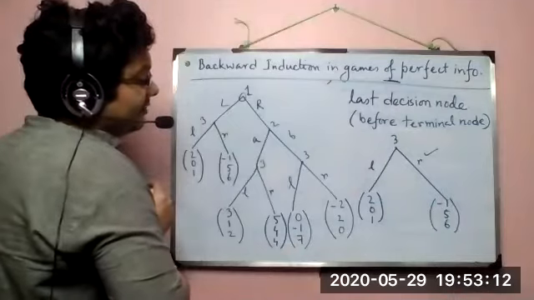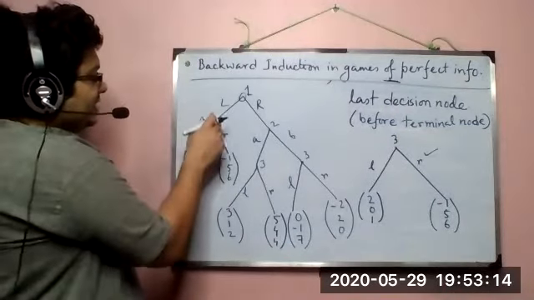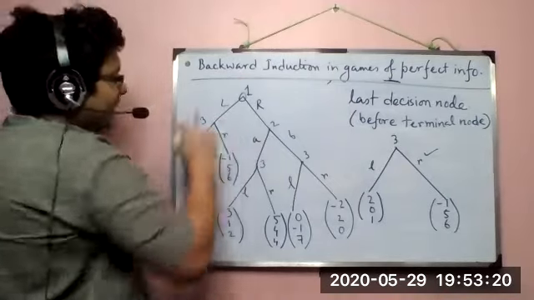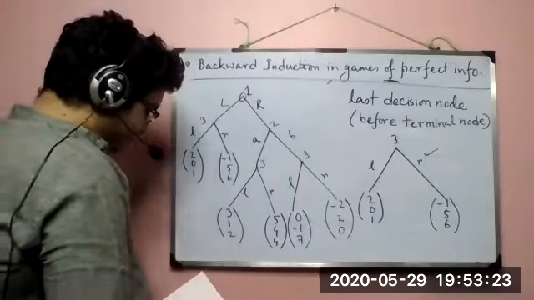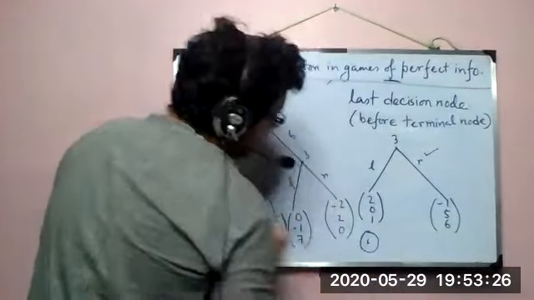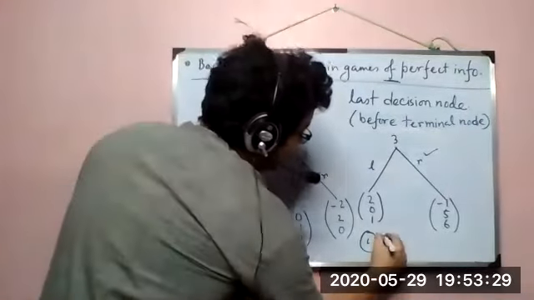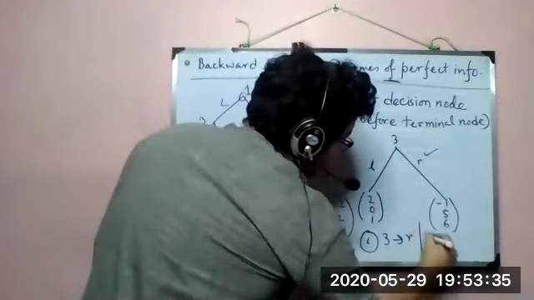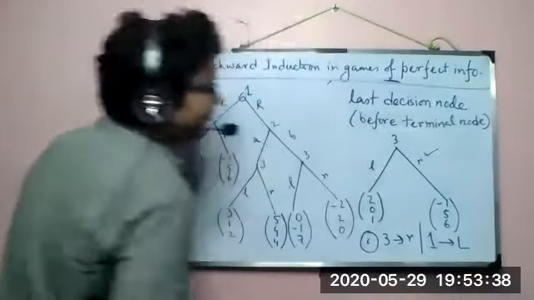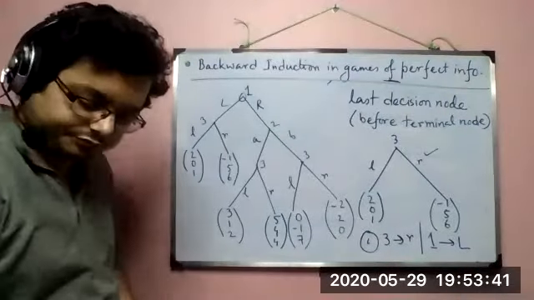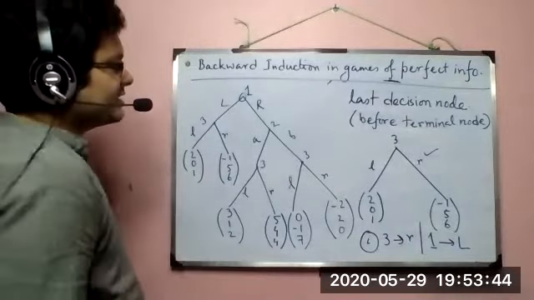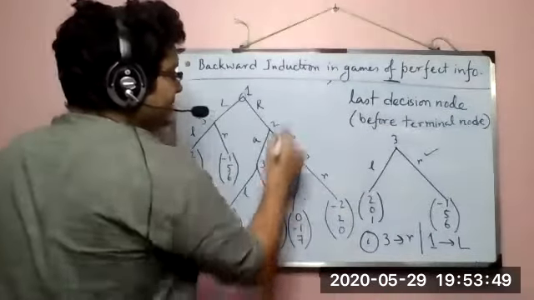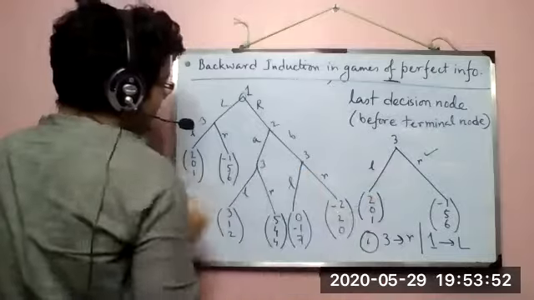From here, what we get is that if player 3 is at this decision node, then player 3 will play R if player 1 plays L. So that is our first strategy: 3 plays R conditioned on 1 plays L. I'll write the payoffs for the sake of calculation: here it will be -1, 5, and 6.